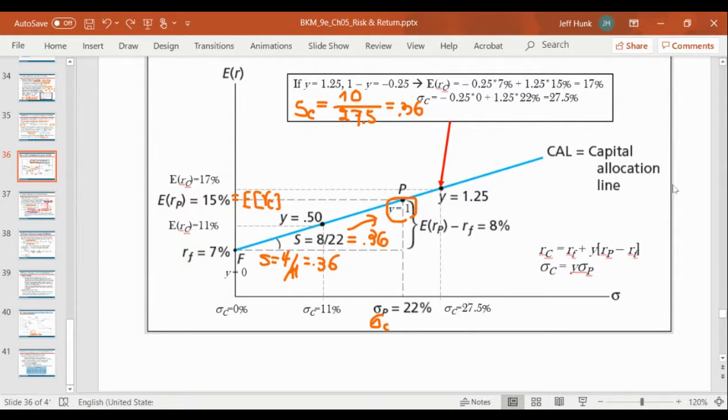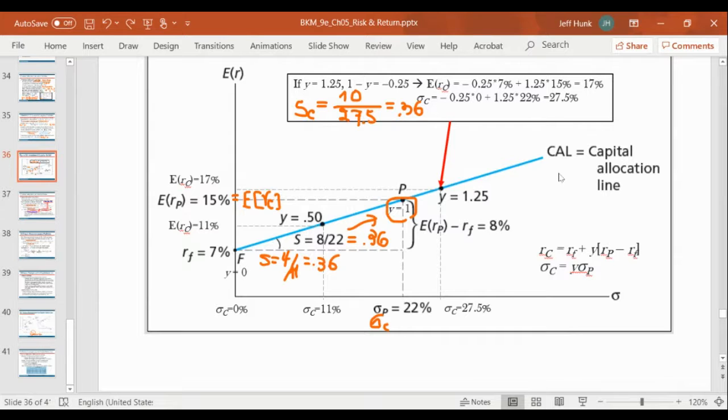And of course, it has to be the same ratio because the Sharpe ratio is nothing but the slope of this straight line, and the slope of the straight line has to be the same through and through.